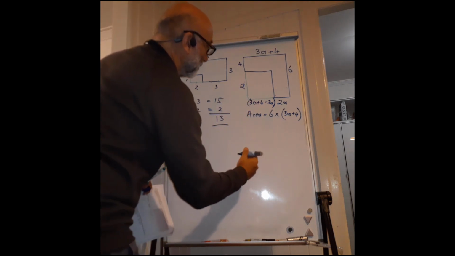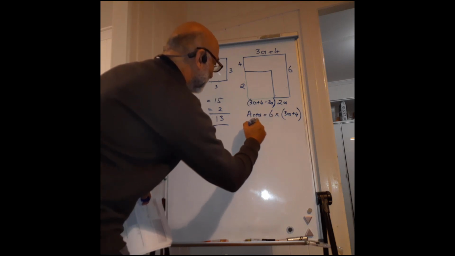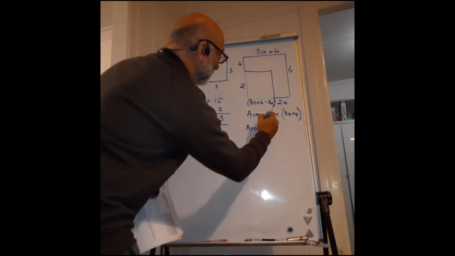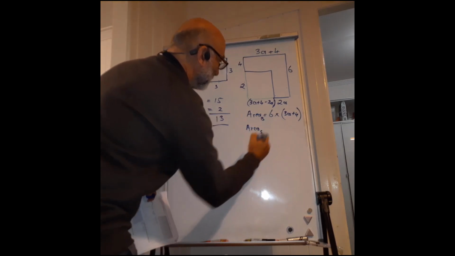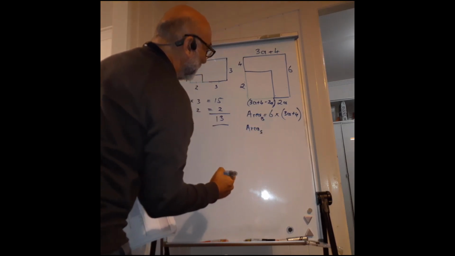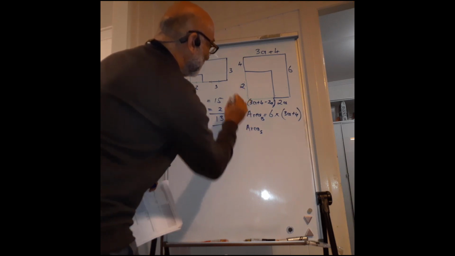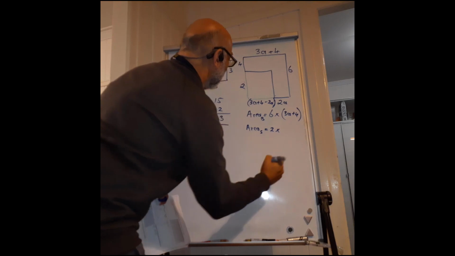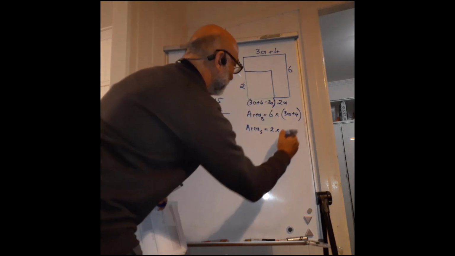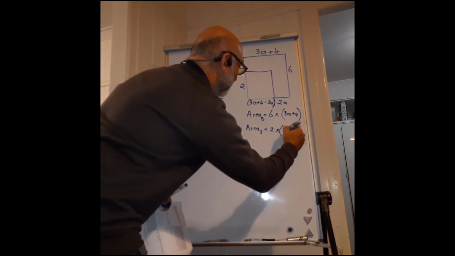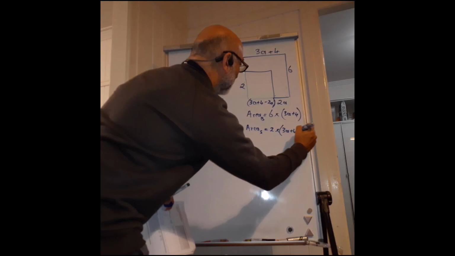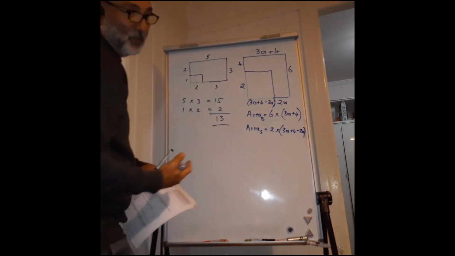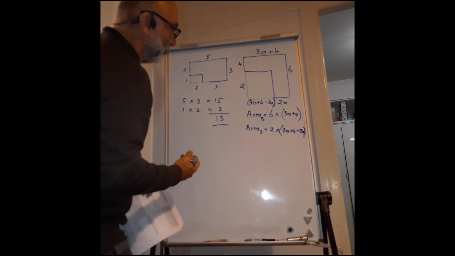So this is going to be the area of the big box, and this is going to be the area of the small box. So this is going to be 2 times all of this, right? So that's going to be 3a plus 4 minus 2a. And you can see there's a lot of simplifications that I can make already.